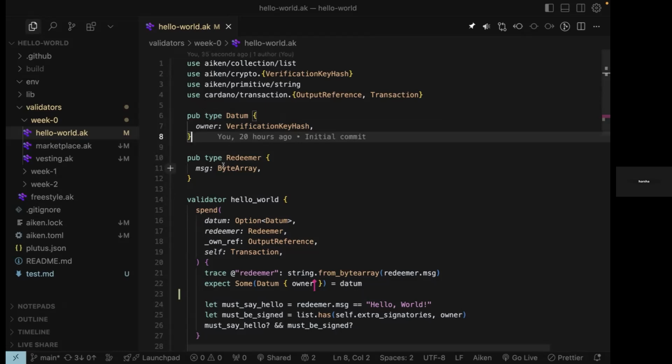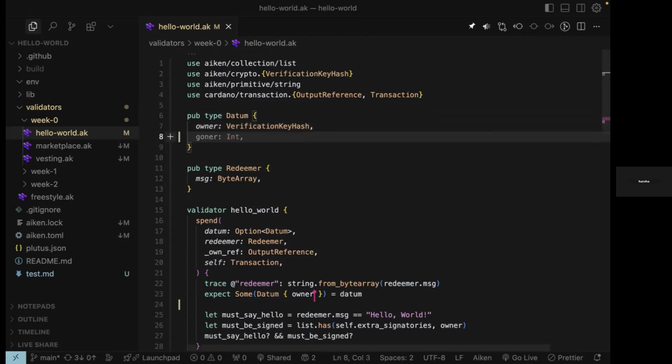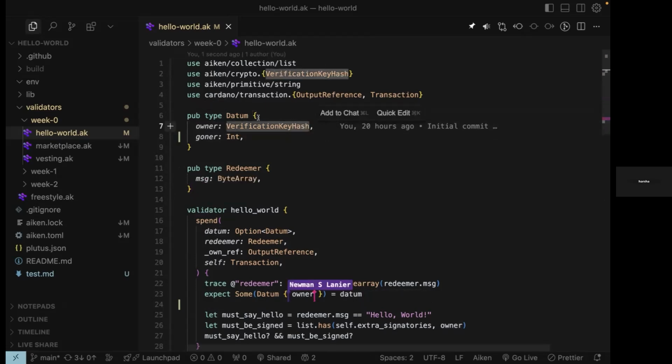And what this is saying is that datum is a piece of data that has two parts, well, only one part at this point. But if I added one more thing, it has two parts. This data has a piece called owner, which is of the type verification key hash. And where did we get verification key hash from? From here.